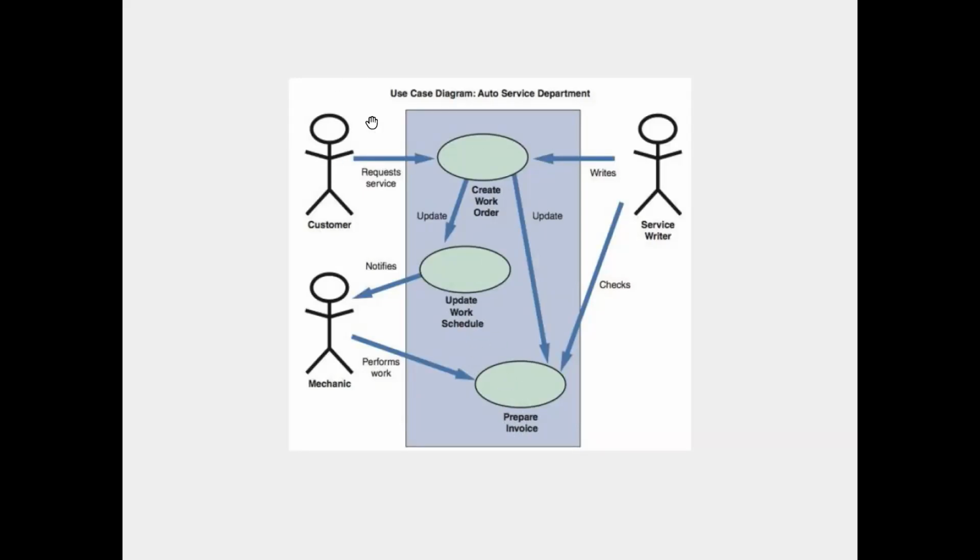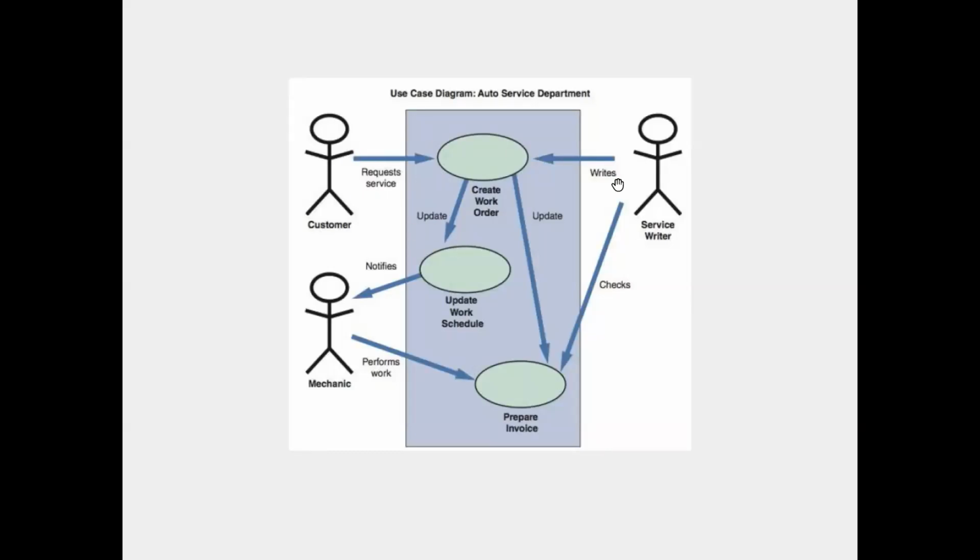And then you place any actors. Actors are usually represented as stick figures, these shapes we call stick figures. In this particular case, we have customer and mechanic, and then from the system side, we have service writer.